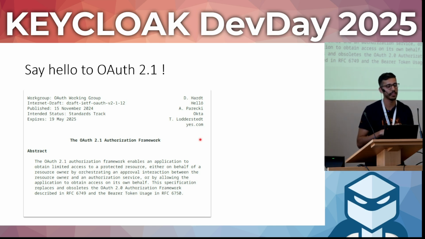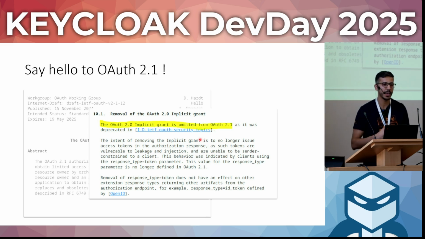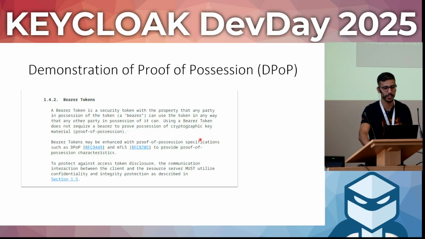It's still in draft mode, but luckily for us, Keycloak is already compliant with this new spec. The main change in this spec is we are finally getting rid of all deprecated and outdated authentication flows like the implicit grants. And this will definitely reduce or eliminate the risk of using deprecated grants.